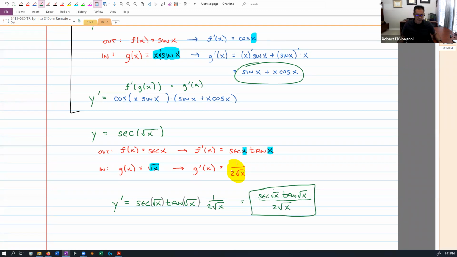Good, good. What do I see? I see all sorts of things with secant because it appears twice, right? That's the thing that students have issues with.